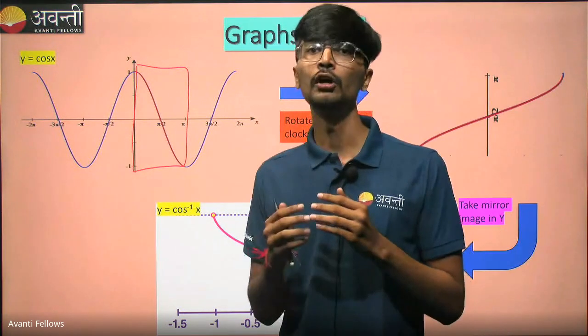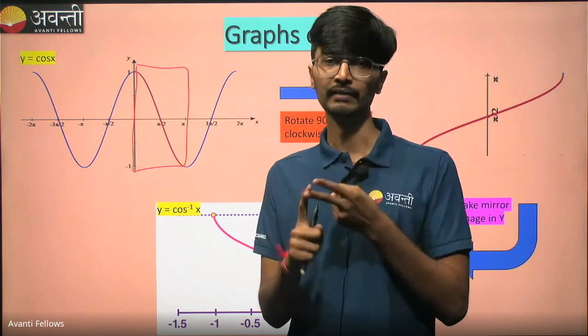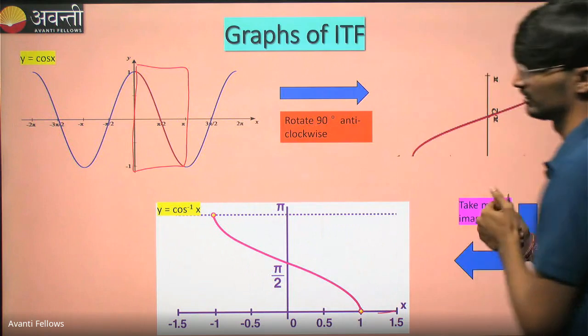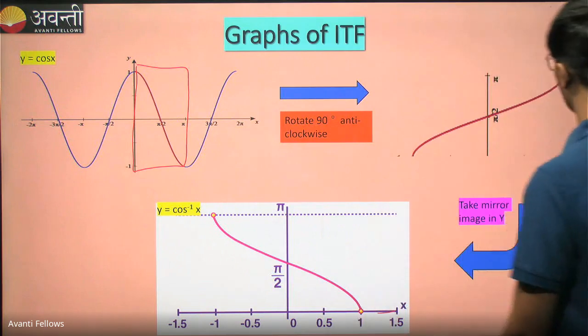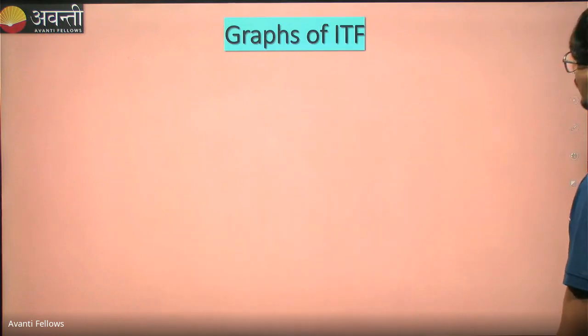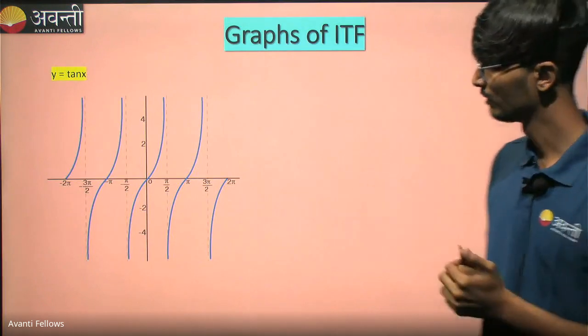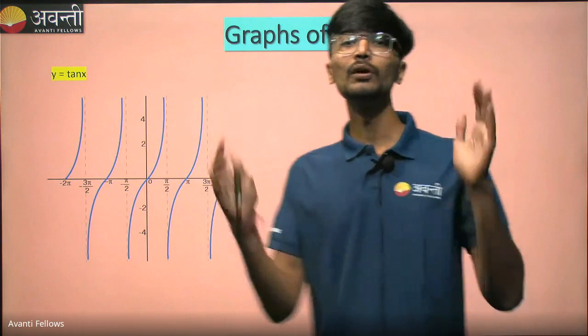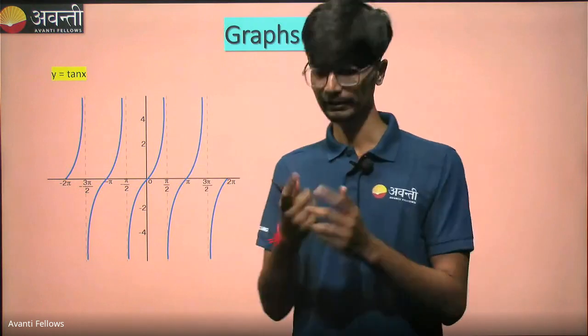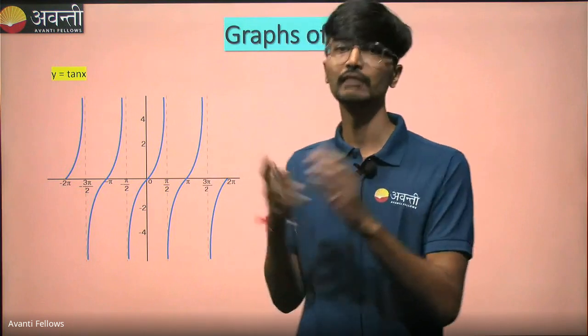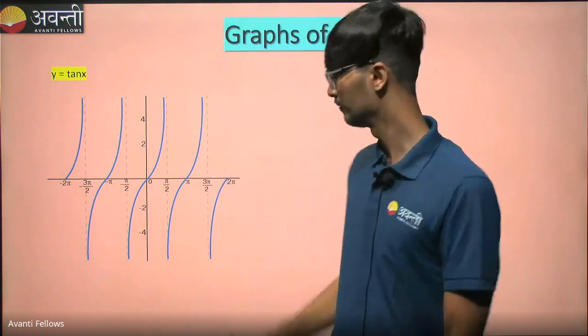Similarly, we can do it for tan inverse, sec inverse, cot inverse, and cosec inverse. Let's see that. I hope you are ready. If I take tan inverse, this is the tan graph. Again, we have to curtail the domain. What was the curtailed domain of tan inverse?